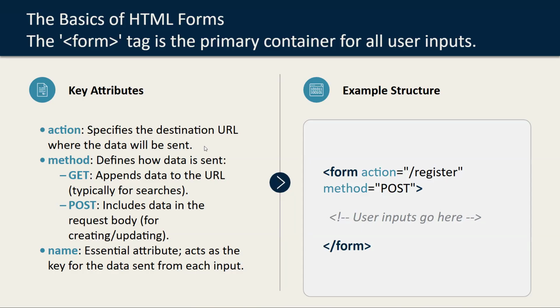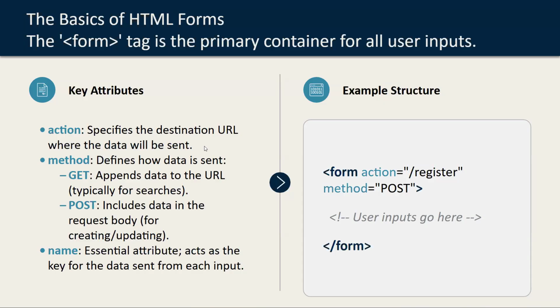The first is action, which tells us where the form data should be sent. The second is method, which tells us how the data should be sent. There are multiple methods to send form data to a server, but let's look at two of the most commonly used.